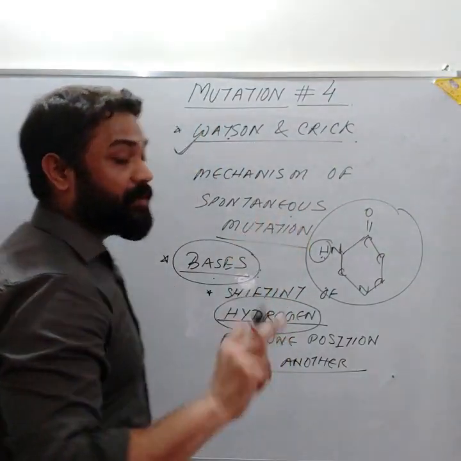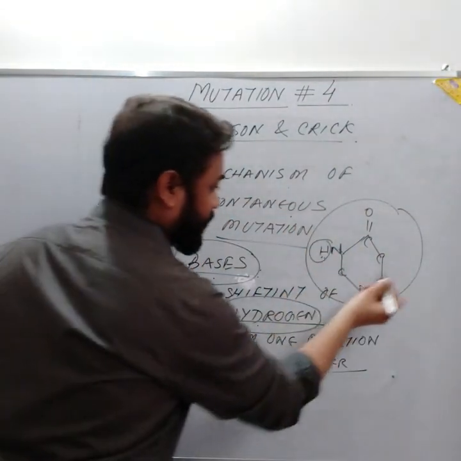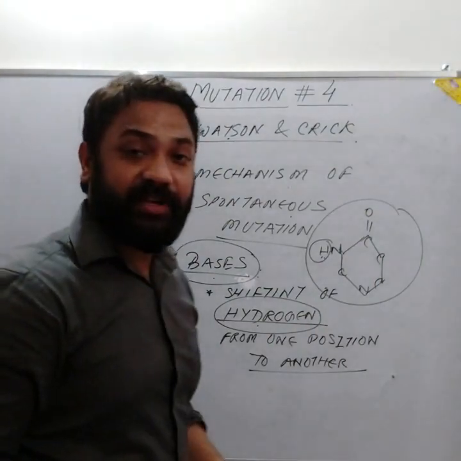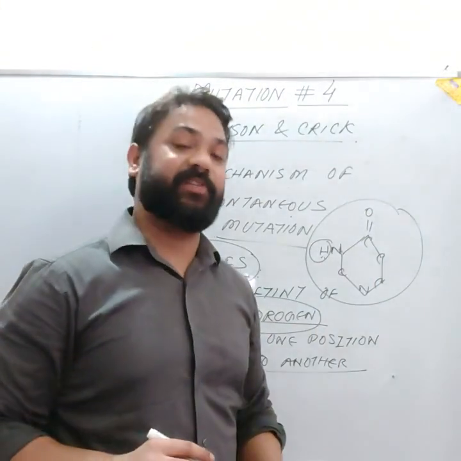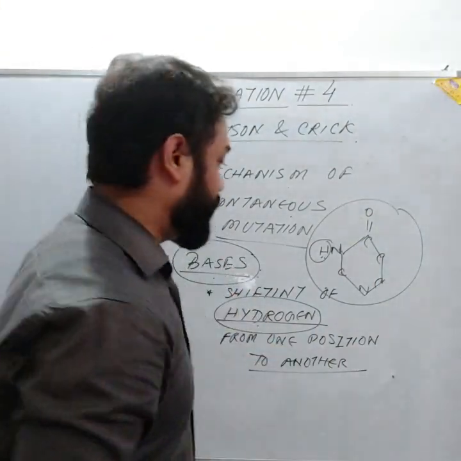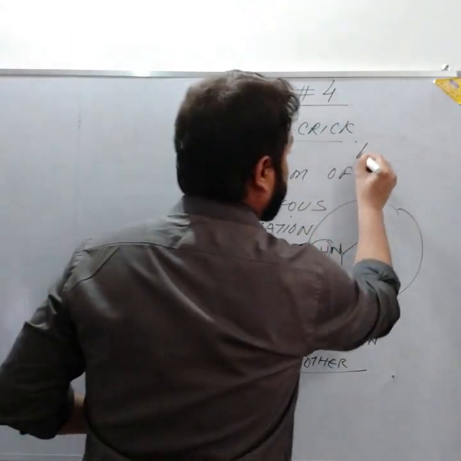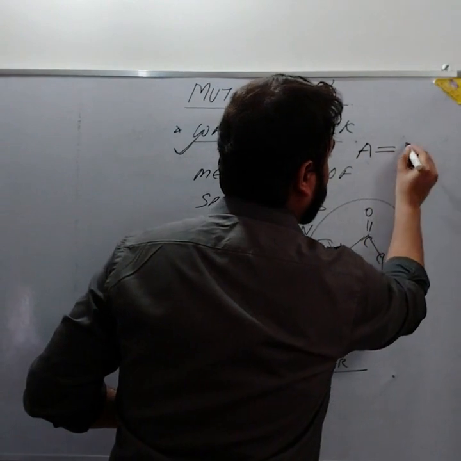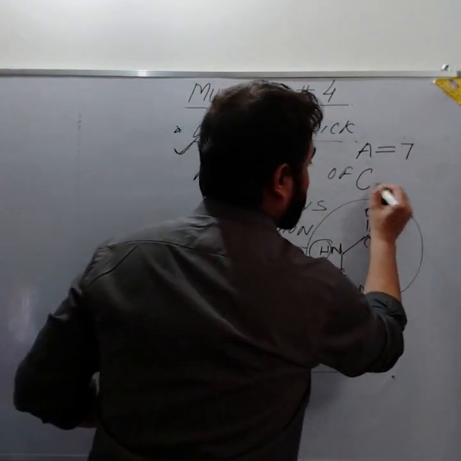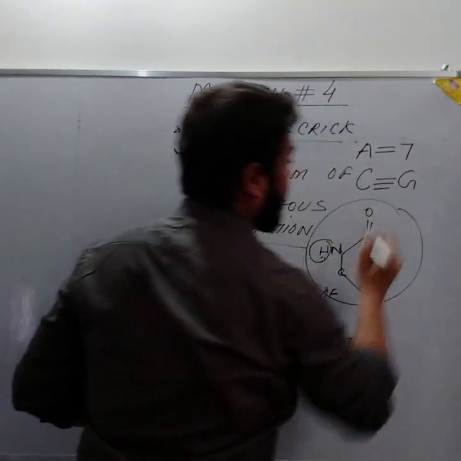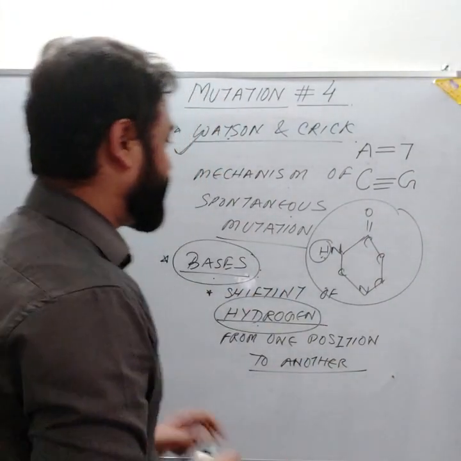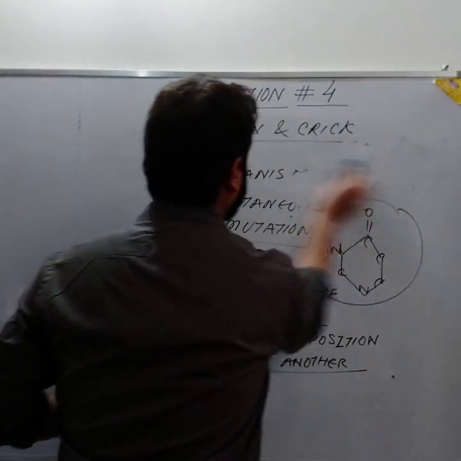This change or fluctuation in the structure is termed a tautomeric shift. Now, we all know that adenine pairs with thymine, and cytosine always pairs with guanine. Now what is the effect of change in structure?